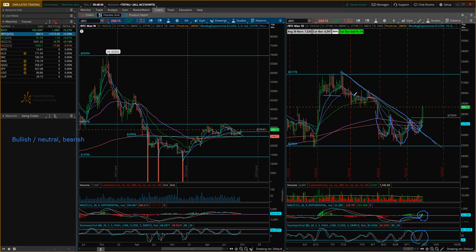My initial price target was over here, but we might really retest this 32,000 level. But eventually, I still think Bitcoin is a risk asset. I don't think Bitcoin is a safe haven asset like gold.